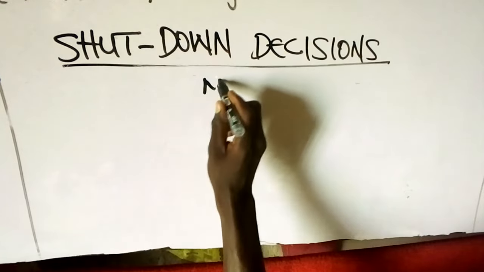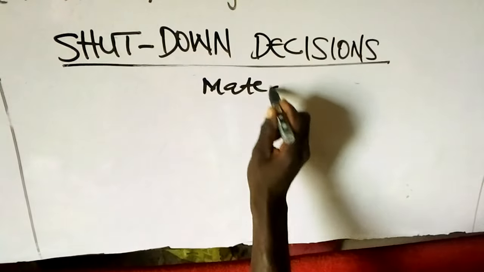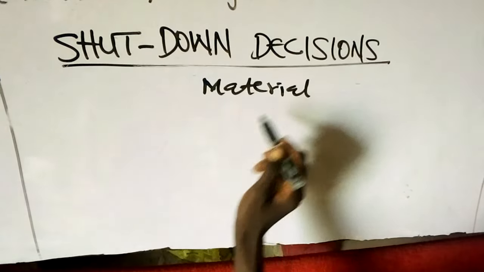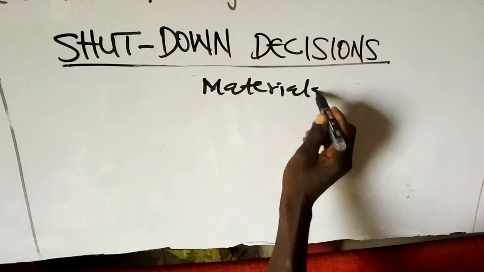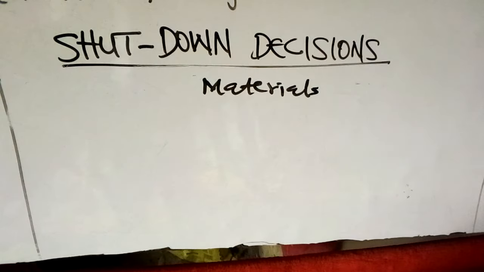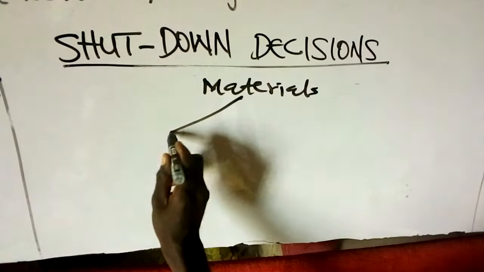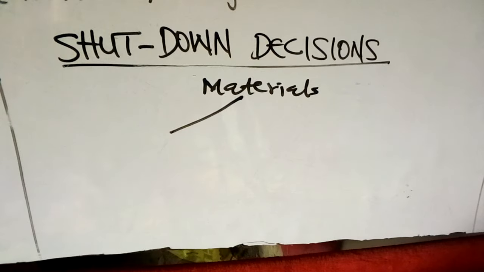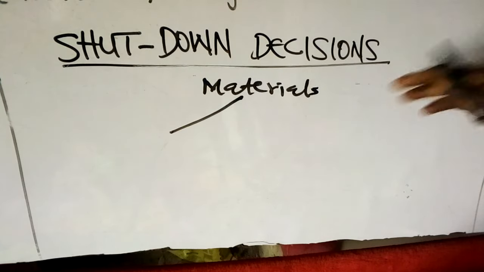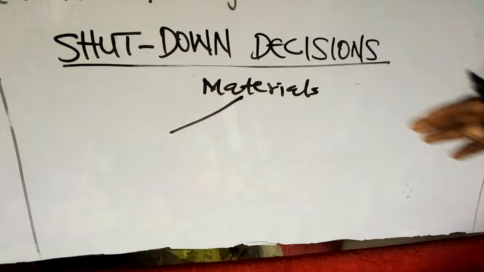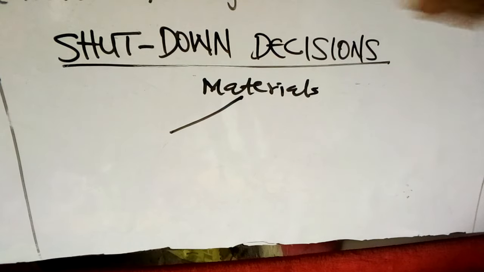The next one I'm going to look at is materials. What are materials? Materials are the substances from which goods are manufactured. Just like plant and equipment, I'm going to categorize materials into two. Let me explain. I categorized the plant and equipment earlier into existing and the new one.